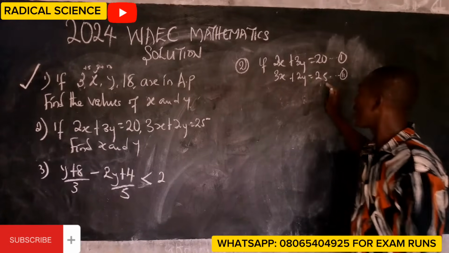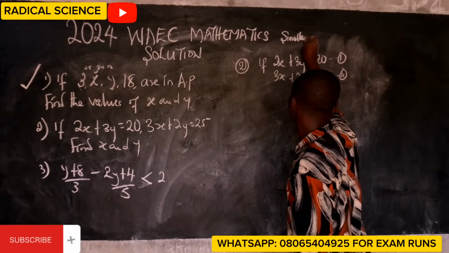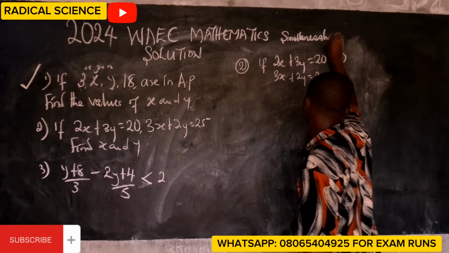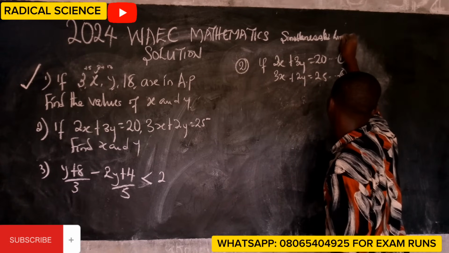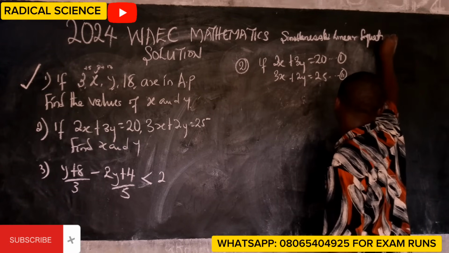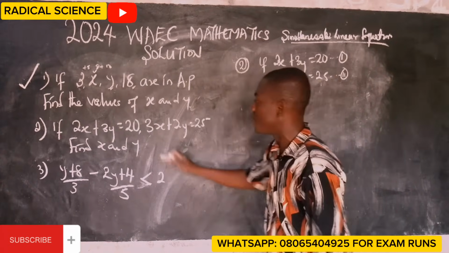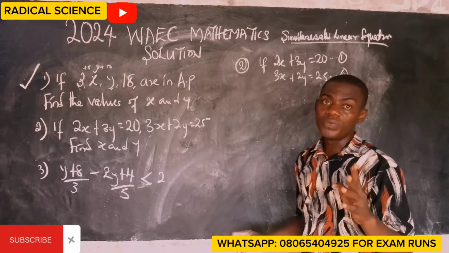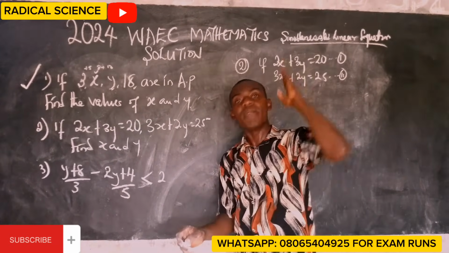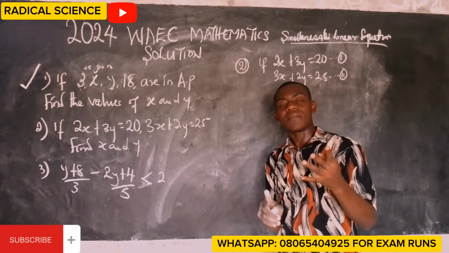Please, this is simultaneous linear equation. You are expected to find the value of x and the value of y. You probably know very well that simultaneous equations have 4 methods of solving them, and any of them you choose will give you the same answer.